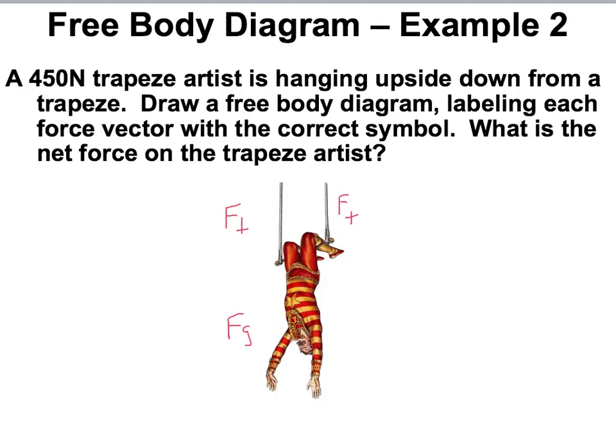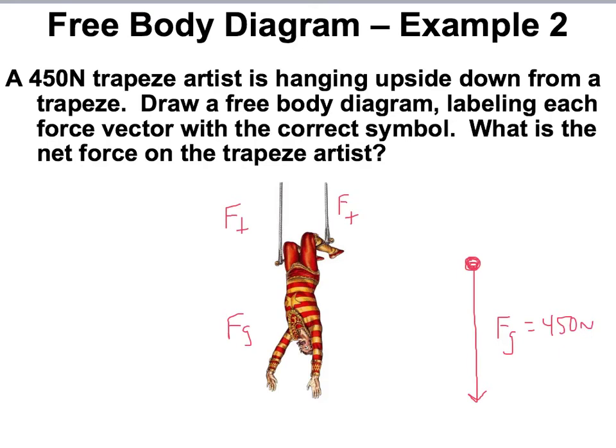So, step 1, draw the object. I'm going to draw it as a dot. There's a gravitational force of 450 newtons going down. I'm going to use my 6-in-1 to draw this. And there are 2 tension forces going up.